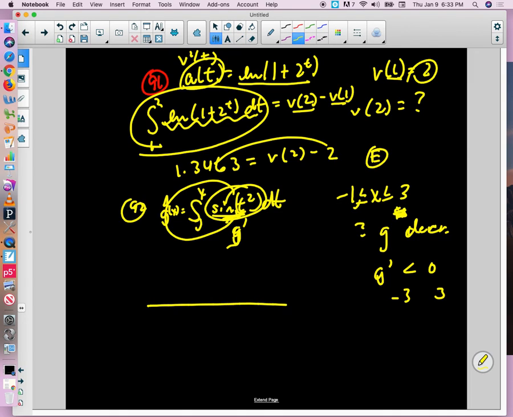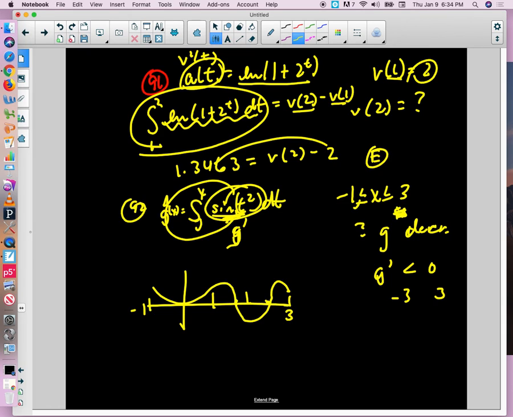Sine of t squared looks like this from -1 to 3. It hits 0 somewhere about right here, and then somewhere about right here. So it comes down right here, goes back up, comes down, goes up, like that.